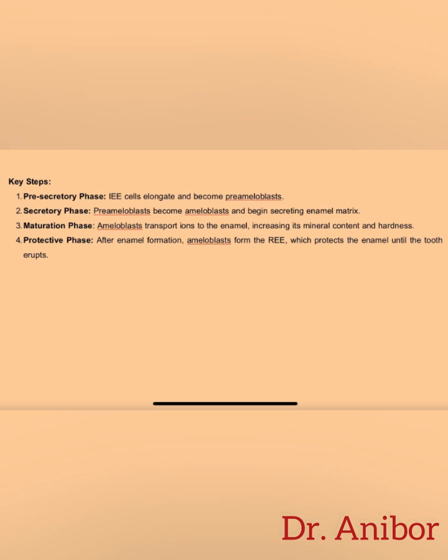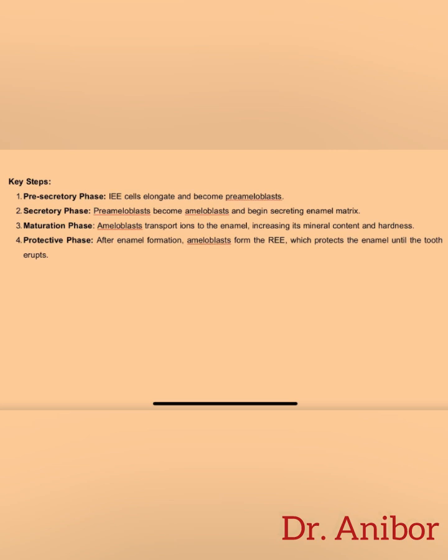After enamel formation, ameloblasts form the reduced enamel epithelium, which protects the enamel until the tooth erupts. Yes, so I have talked about the enamel, the formation process of the enamel. Don't forget the other structures derived from the enamel organ and their development.